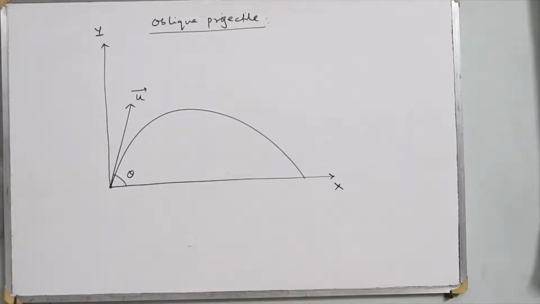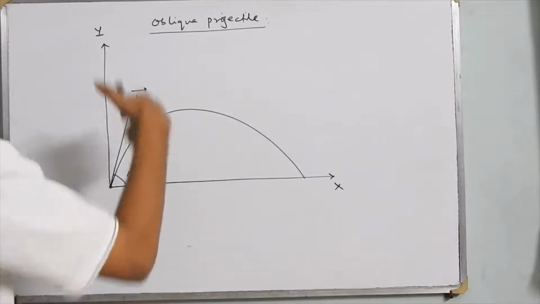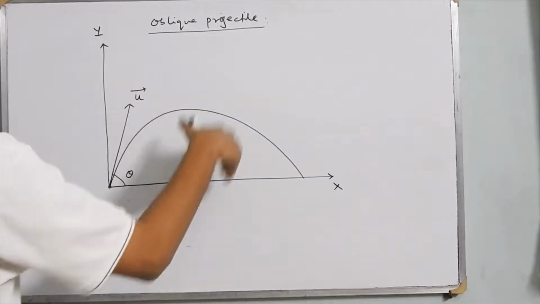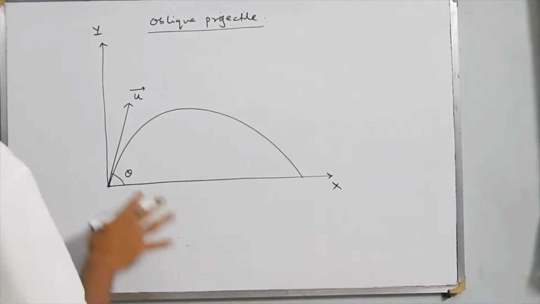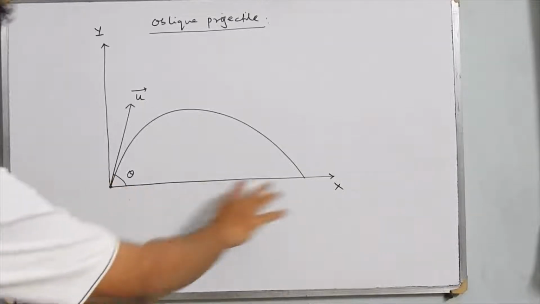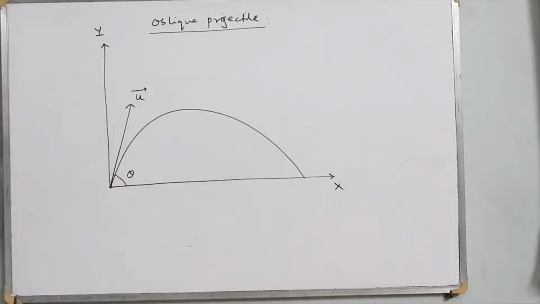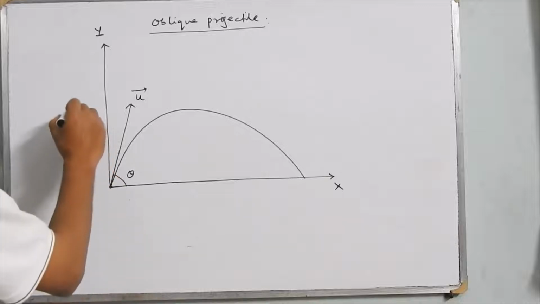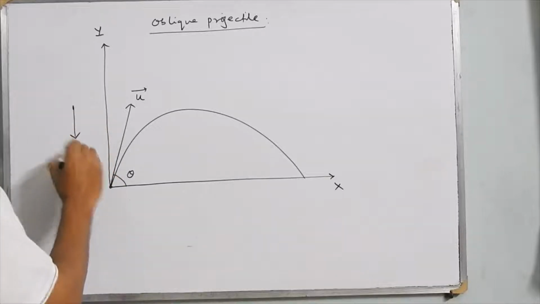Again, as you know, the motion of the projectile is purely controlled by gravity. The gravitational force is acting in the vertical downward direction, whereas the motion along the horizontal is again a uniform motion, because along the horizontal there is no external force. So the acceleration due to gravity is acting vertically downwards.